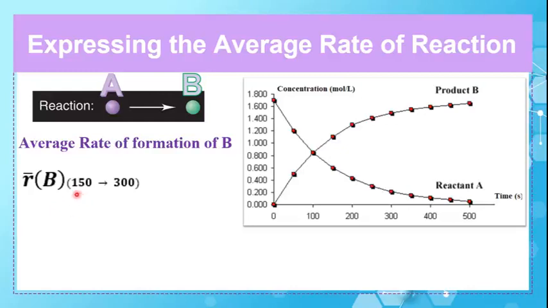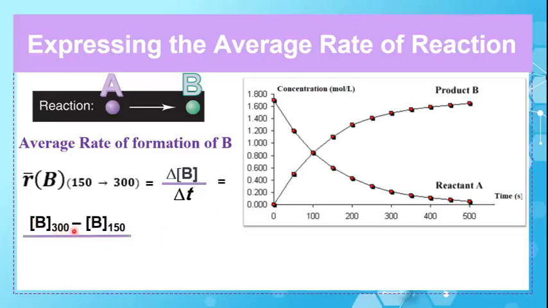between the instants 150 and 300 seconds, equal to delta concentration of B over delta t, equal to the concentration of B at t equal 300 minus the concentration of B at t equal 150, over t2 minus t1, equal to 300 minus 150.